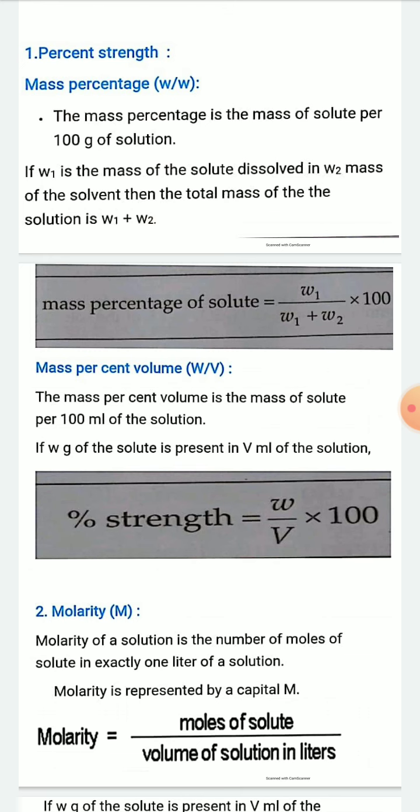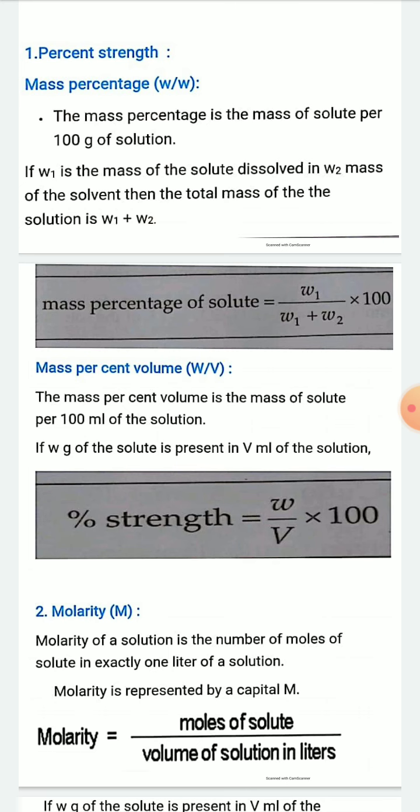Suppose W1 gram solute is dissolved in W2 gram solvent. Then what will be the mass percentage? The mass percentage will be mass of solute divided by mass of solution, into 100.